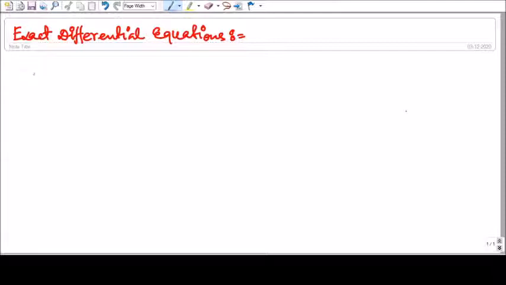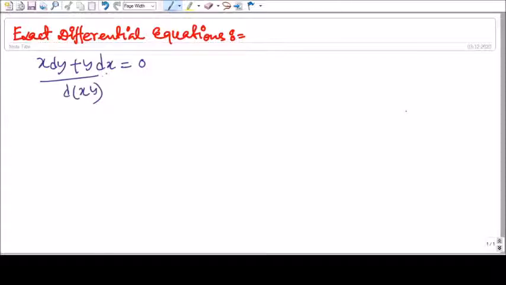There are some types of differential equation which look like x dy plus y dx equal to 0, and we can write the left hand side as d of xy.